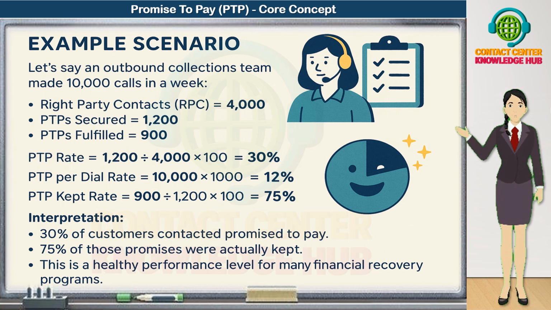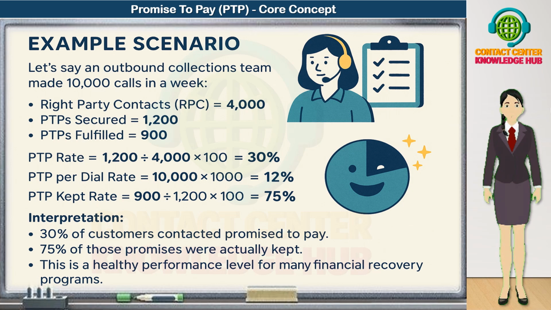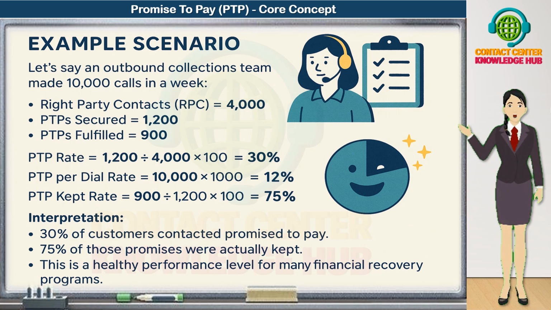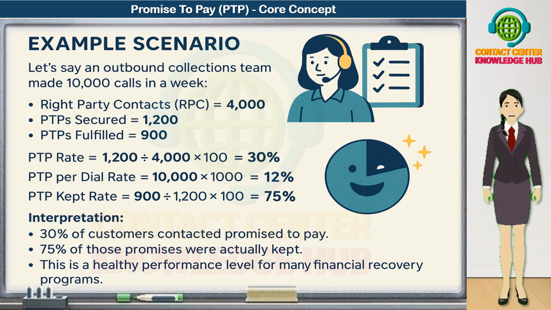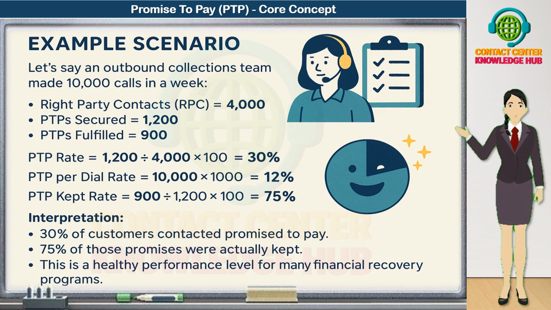Now let's calculate. The PTP rate is 1,200 divided by 4,000 multiplied by 100, which equals 30%. The PTP per dial rate is 1,200 divided by 10,000 multiplied by 100, which equals 12%.